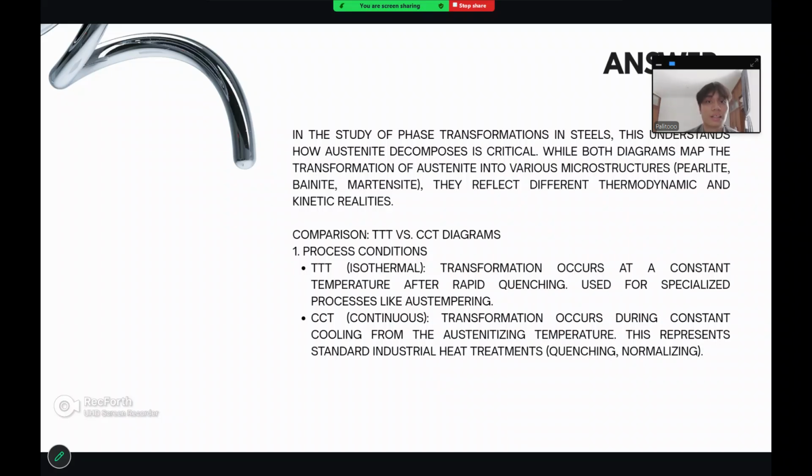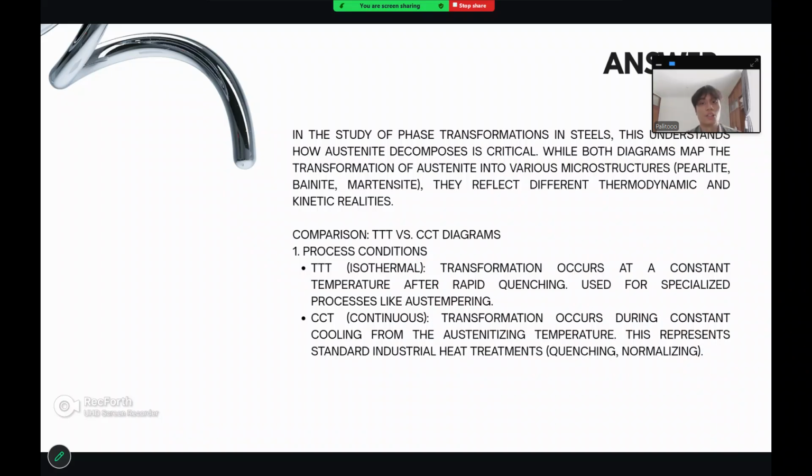So my answer is, in the study of phase transformations in steels, understanding how austenite decomposes is critical. Both diagrams map the transformation of austenite into various microstructures like perlite, bainite, and martensite, but they also reflect different thermodynamic and kinetic realities.